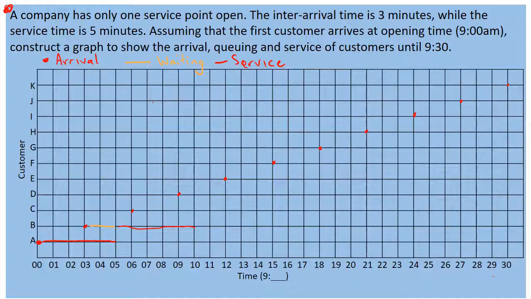Now after customer B was served, I can now show that customer C is waiting in line, and then they are going to be served up until 9:15. Now customer D is waiting in line, and then they are being served for 5 minutes.